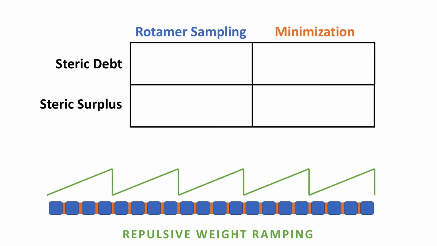So we have these two states, steric debt and steric surplus, and these two sampling methods, rotamer sampling, or the packer, and then this backbone adjustment, minimization. Both sampling methods handle these two conditions differently. When you're rotamer sampling, you can't move the backbone, you can't really make small changes.